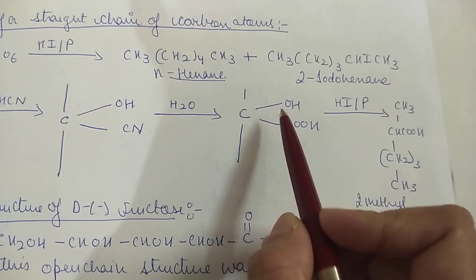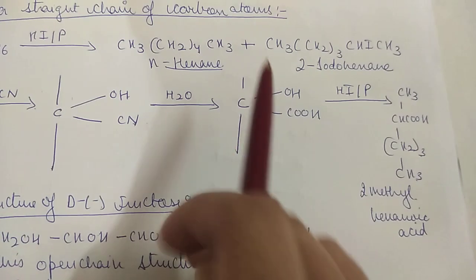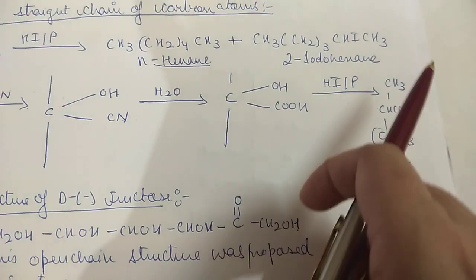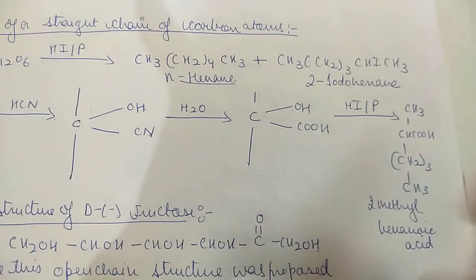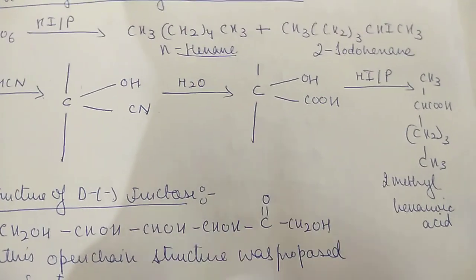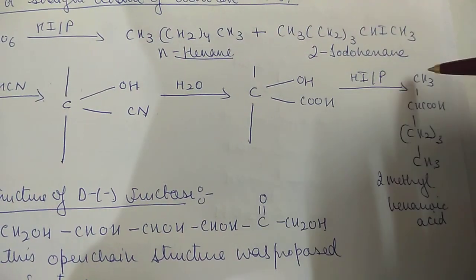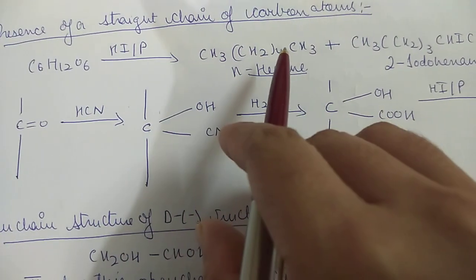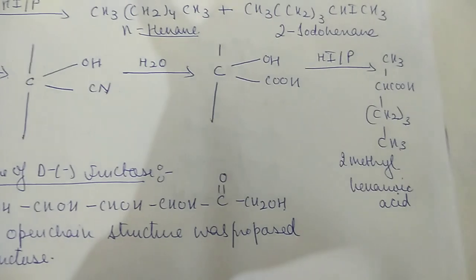Here CHCOOH is formed. The rest of the part, the hydroxyl part, gets reduced to hydrogen. That is why we get 2-methyl hexanoic acid. The OH part forms H, as it was here also. All the hydroxyl parts were reduced to alkanes.